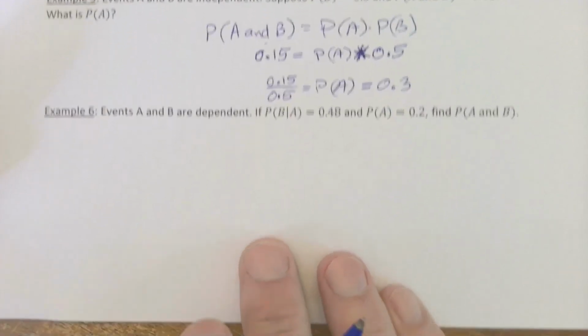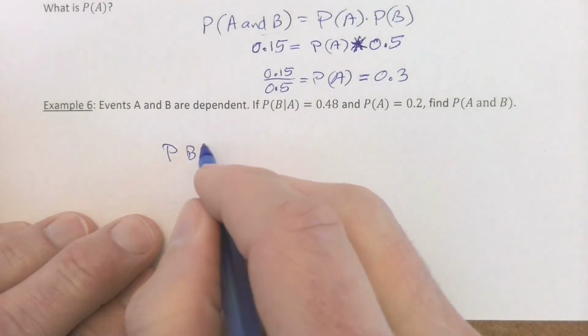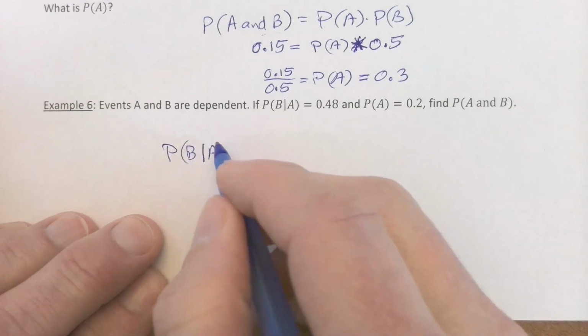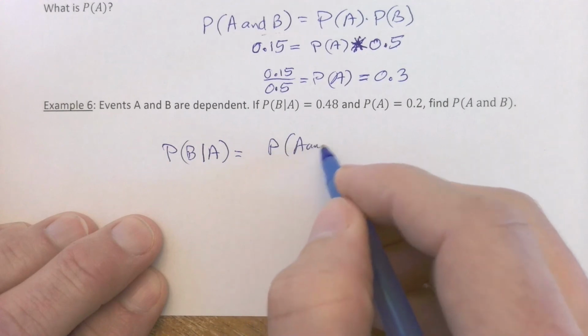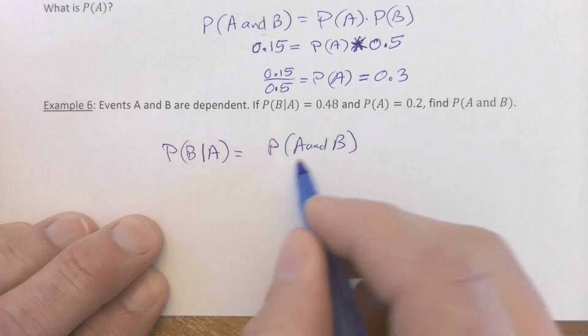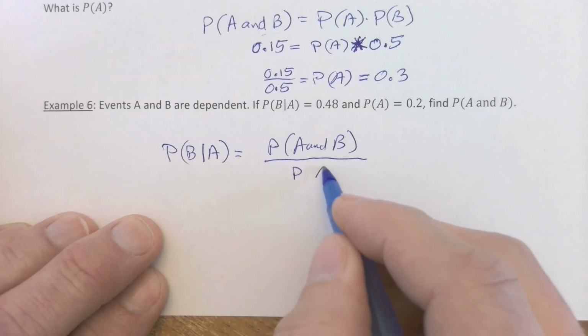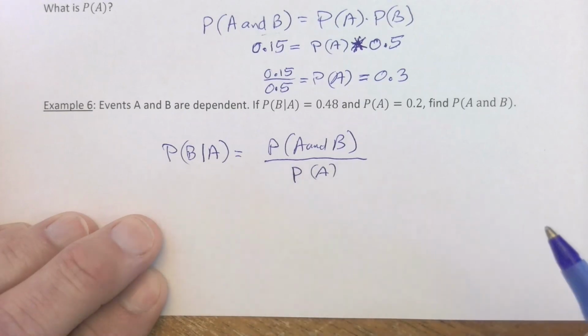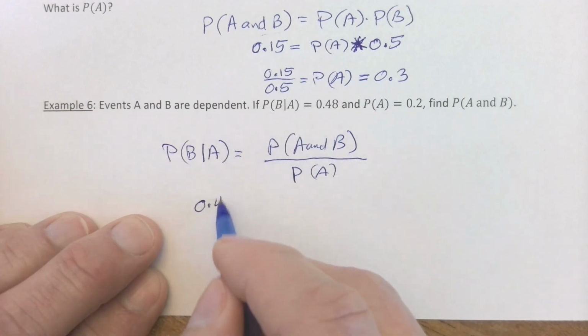Okay, the other important formula we had today looks like this. The probability of B given A is sometimes best calculated as the probability of A and B divided by the probability of A. Now let's go look up some of these numbers. We know this conditional probability is 0.48.